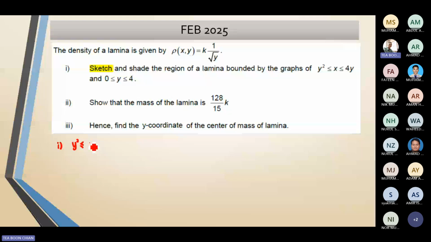Cara untuk baca equation ini adalah ambil sebahagian kiri. This gives you y squared equals to x. Take the right part. This gives you x equals to 4y. So these are the two graphs that you need to plot.